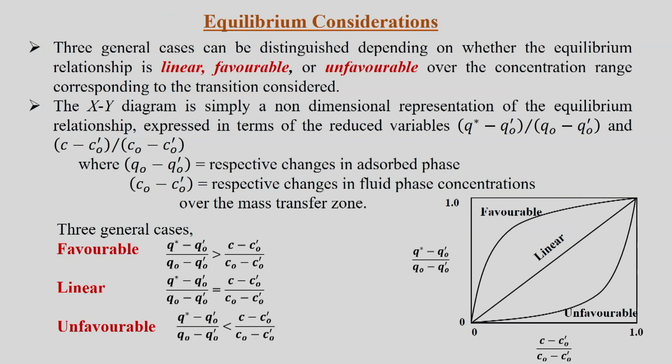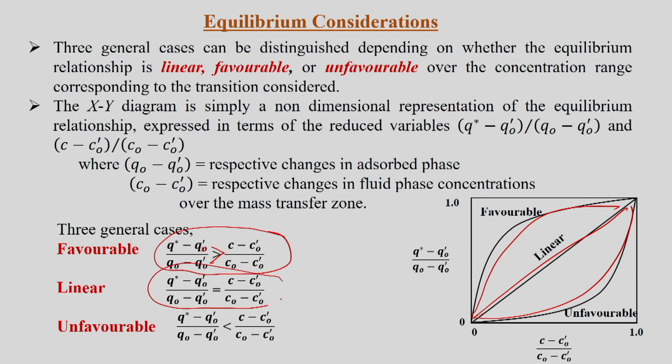For this one, whenever we discussed the equilibrium consideration, one is favorable, then one is linear, and another is unfavorable. For favorable we discussed that (q star minus q0 prime)/(q0 minus q0 prime) is greater than (c minus c0 prime)/(c0 minus c0 prime).